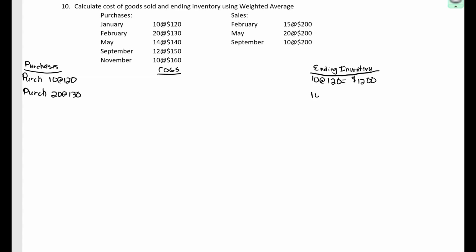So now in ending inventory, we have 10 at 120, and the 20 we just purchased. We have 30 on hand at a total cost of $3,800. We have to calculate the unit cost: divide 3,800 by 30, and you will get $126.67.